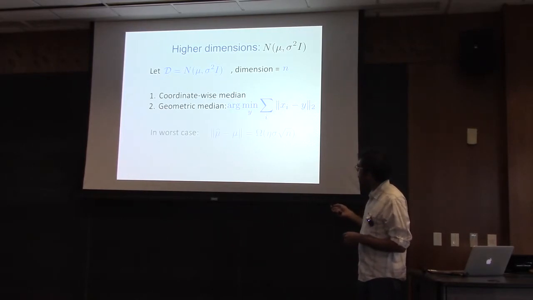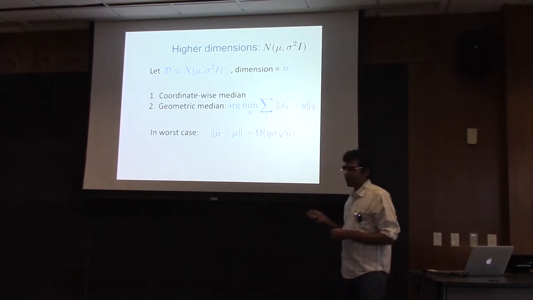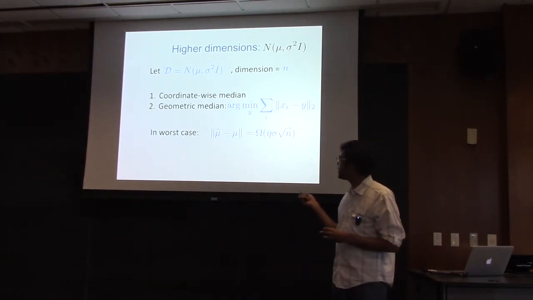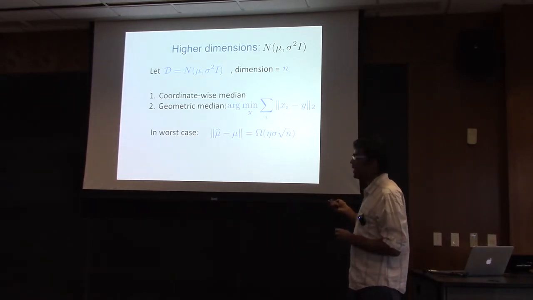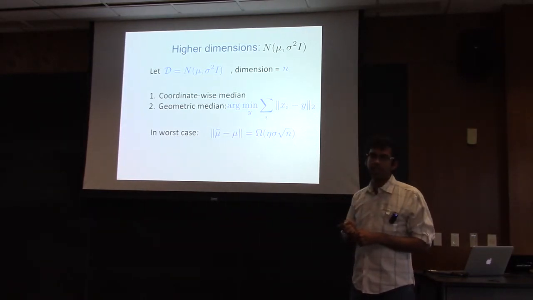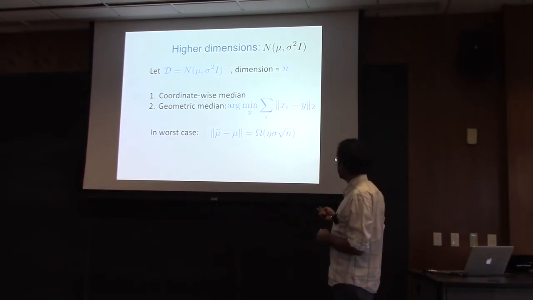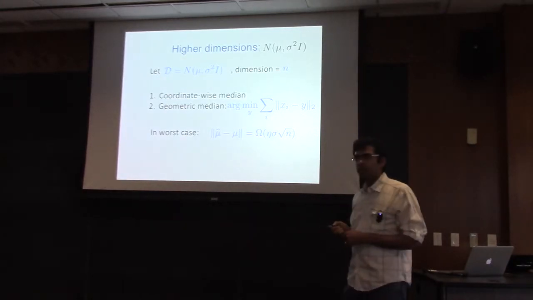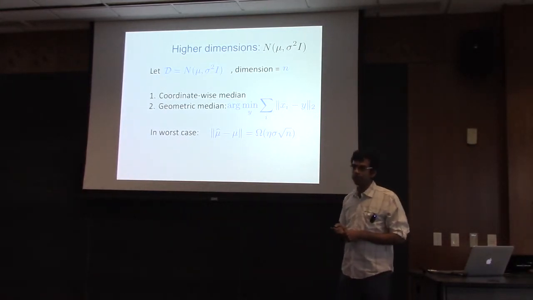But you can show that both of these, in the worst case, have error eta sigma square root n. So the dimensional dependence is bad. This has a square root in the dimension.